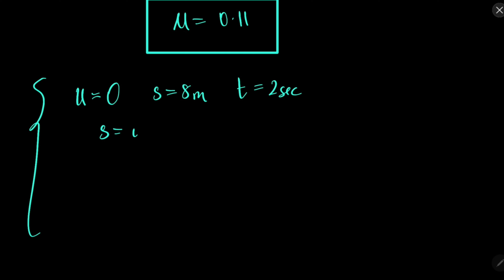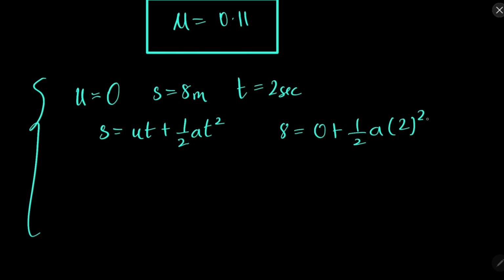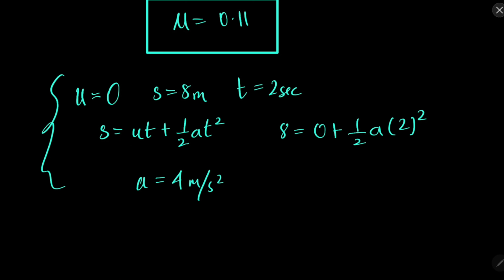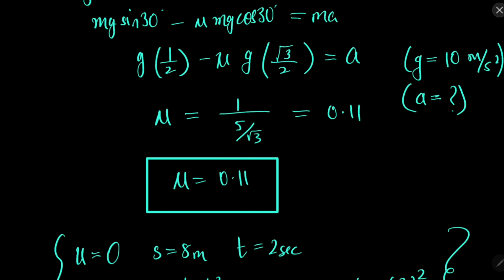So s equals ut plus half at square. So 8 equals 0 plus half a into 2 square. From this you find that a is equal to 4 meter per second square. So just put this value and you will be able to find the answer. So acceleration comes out to be 4 meter per second square.